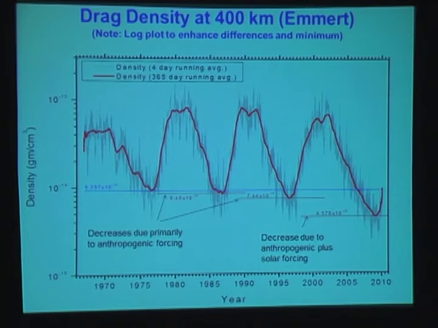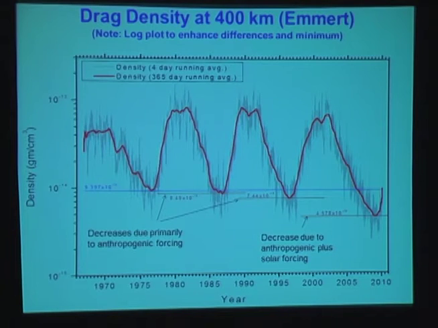So I'm going to try and reproduce this using those solar proxies. One of the things I've done, which kind of cheats, is to plot this on a log scale to highlight the solar minima. And you can see a general downward trend. The assumption here is that the downward trend is associated with the anthropogenic forcing in the lower atmosphere, the redistribution of energy. You know, at the ground it heats up. In the middle atmosphere you get a cooling.